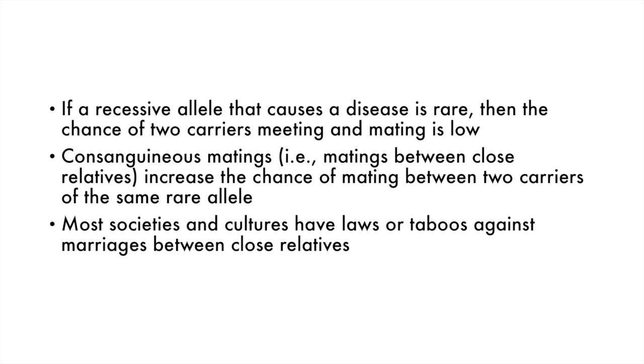However, consanguineous matings, marrying a close relative like a first cousin or a second cousin, increases the chance that a rare allele is going to be in both members of that mating. And this is one reason why most cultures have some sort of strict rules against marriage between close relatives. So you don't concentrate these rare and potentially dangerous, damaging disease disorders.